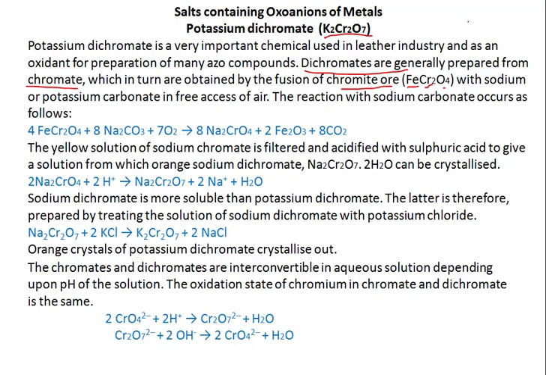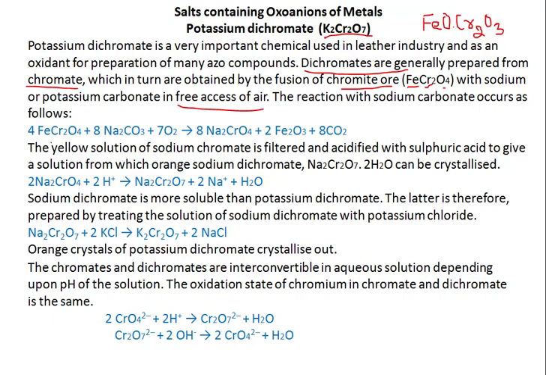It can be written as FeO·Cr2O3. This is another way we can represent it. Chromite ore is fused with sodium or potassium carbonate, with excess of air.